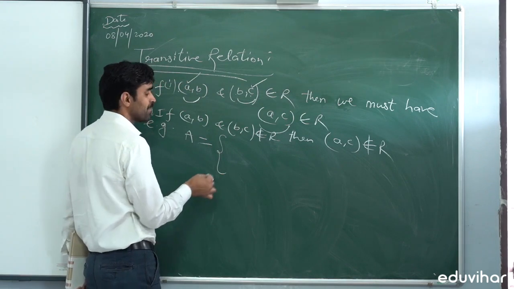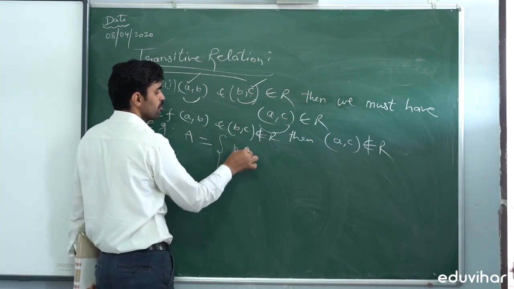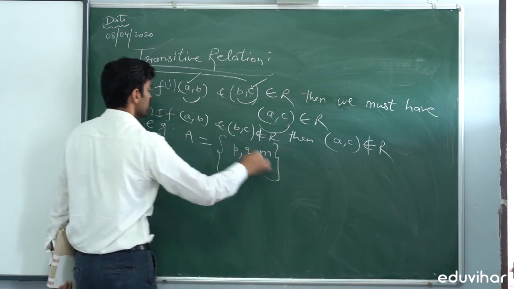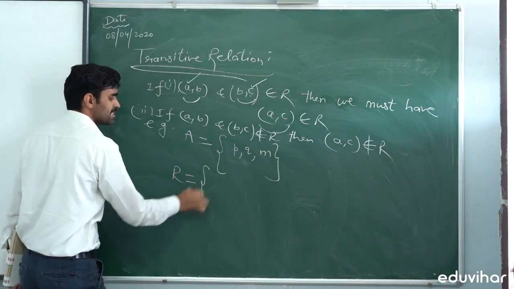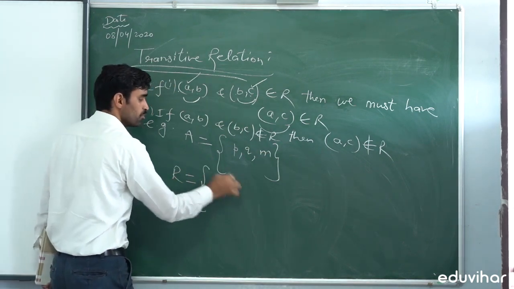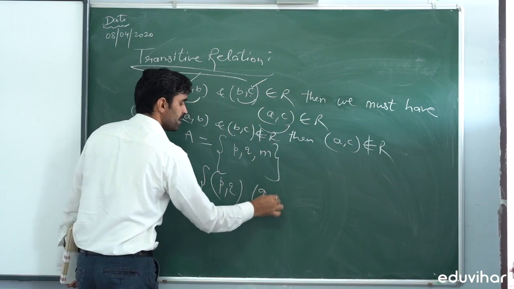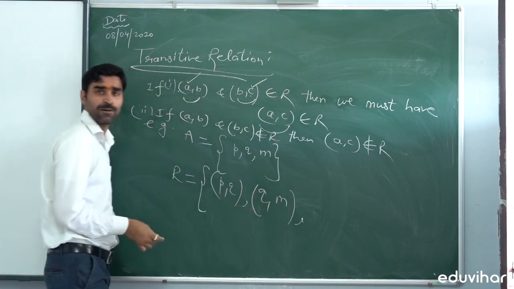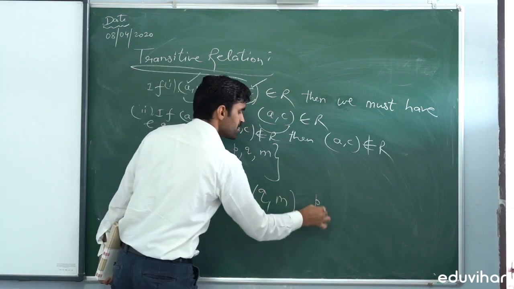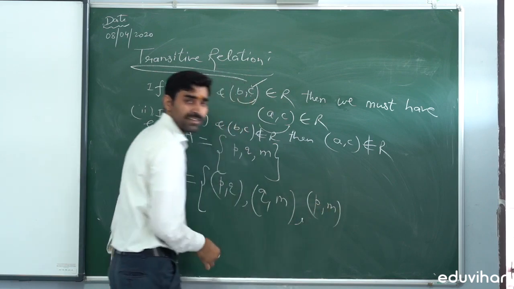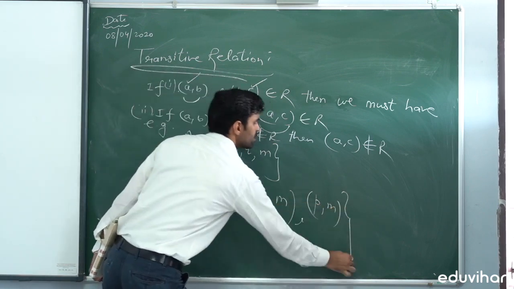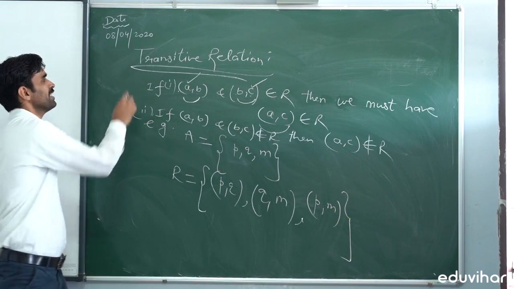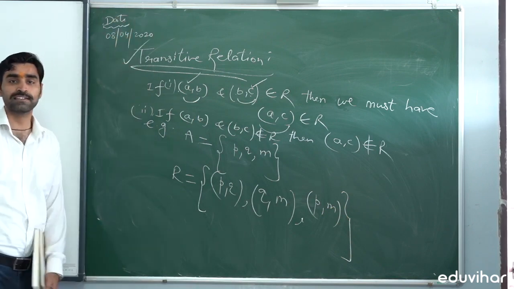If A has the elements P, Q, M, and we have the relation as PQ, QM, then we must have PM belonging to the given relation. If this is so, then this type of relation is known as a transitive relation.